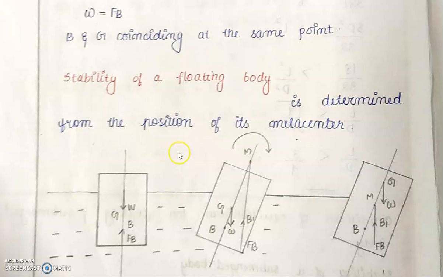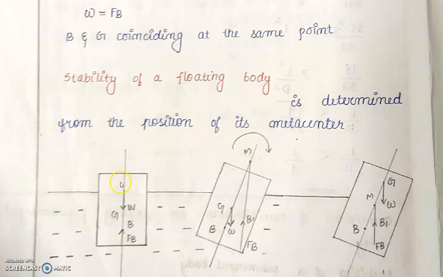Next we will see the stability of a floating body. It is determined from the position of its metacenter. Unlike the case of a submerged body, when we take the case of a floating body, you take the position of the metacenter.